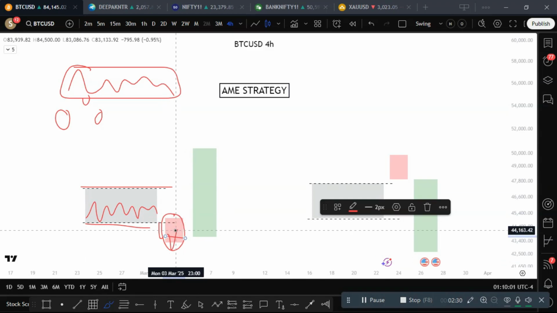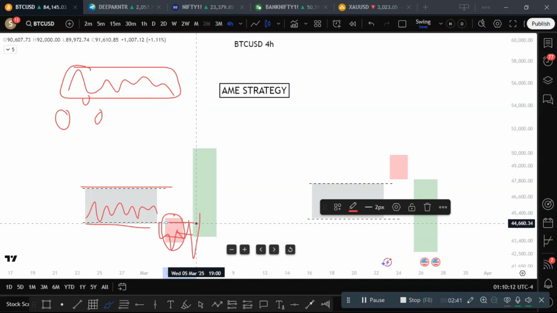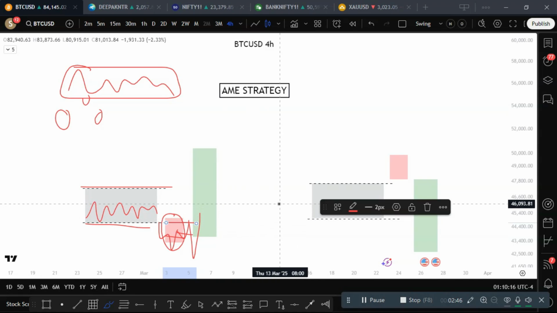We will not take entry on the first shift because the first shift is 99% of the time fake. So we will wait for a double break or for a manipulation setup. We have 2 entry models, I will tell you in detail, wait.